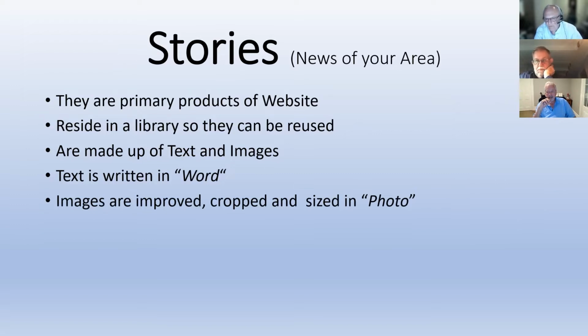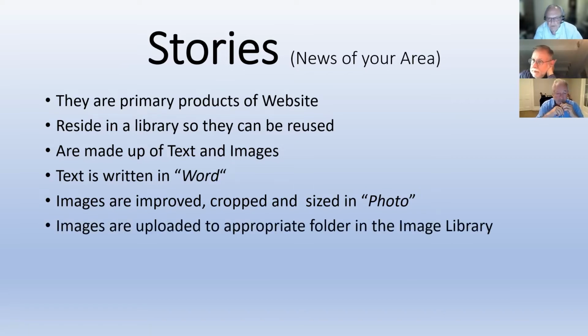They should be improved, cropped, sized. And if you don't have a program that does that, like Photoshop, which most people would not because it's quite expensive, then there's a very good little program called Photos. It is a part of the operating system of Microsoft Windows. I'll show you it. We can go through it briefly.